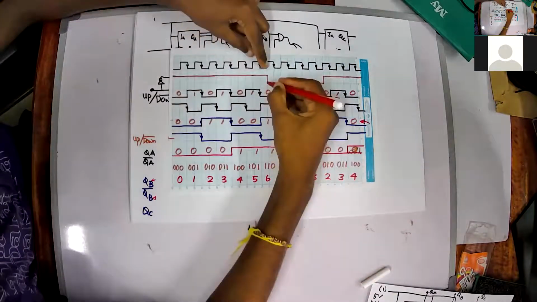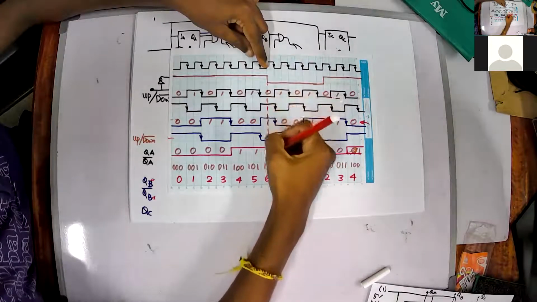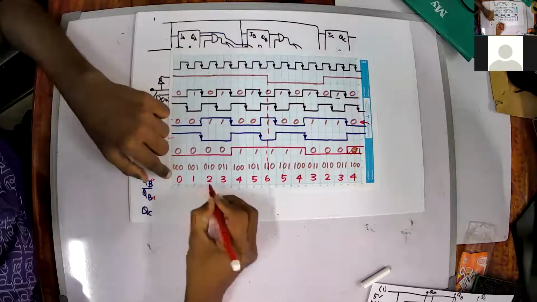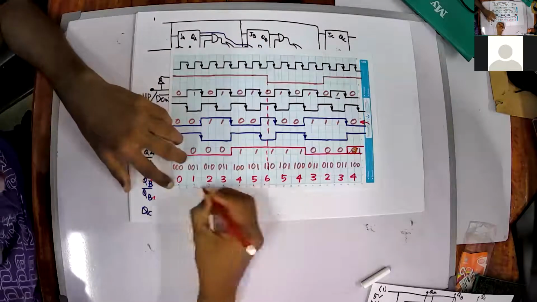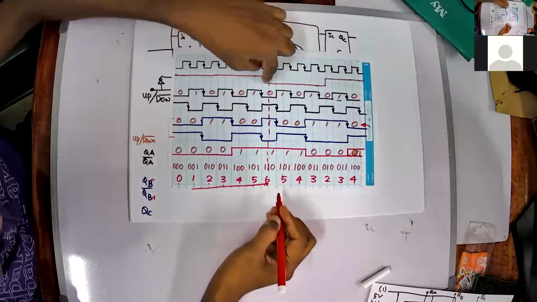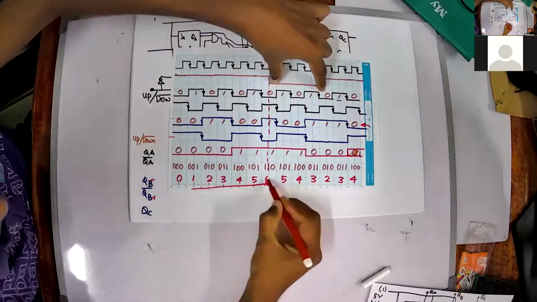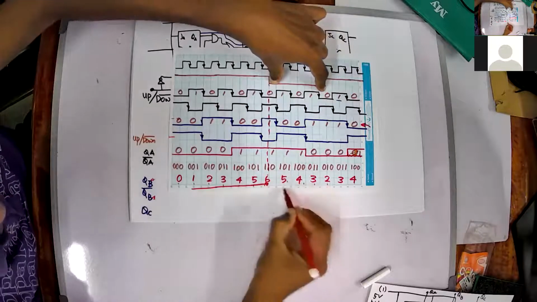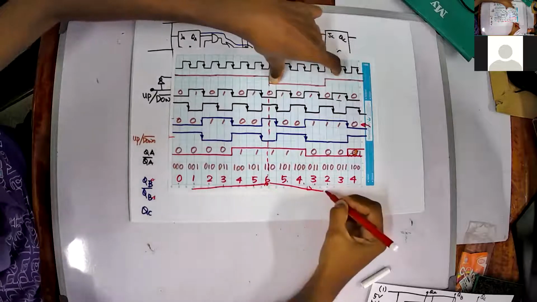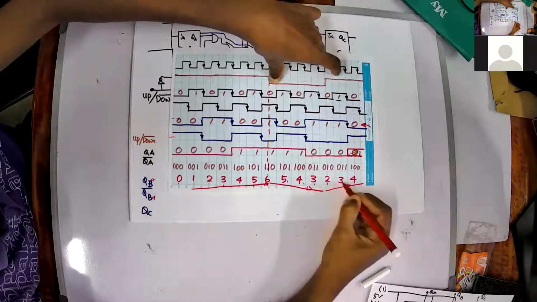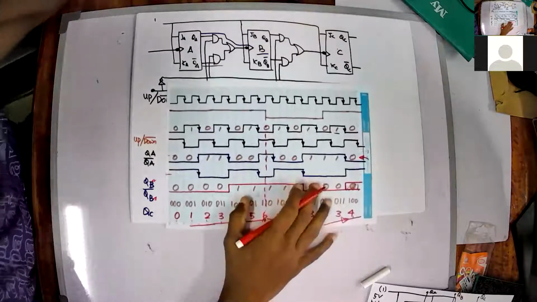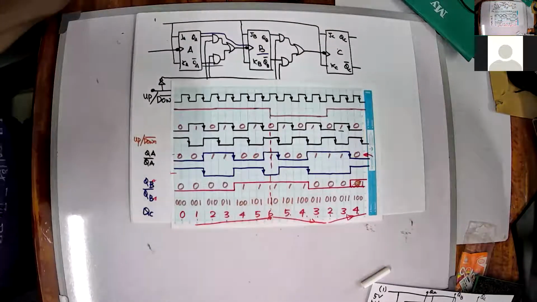See here, until this point, if it is up, 0, 1, 2, 3, 4, 5, 6, it is going up. And then from this point to this point, 6, 5, 4, 3, 2, it is coming down. And then whenever it is coming up again, it is 2, 3, 4. So this is how an up down counter works.